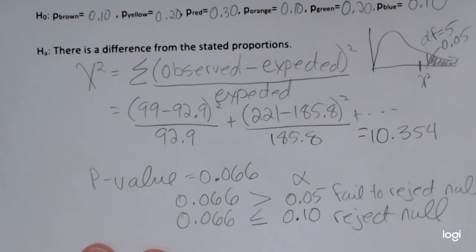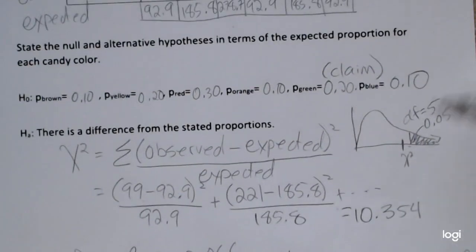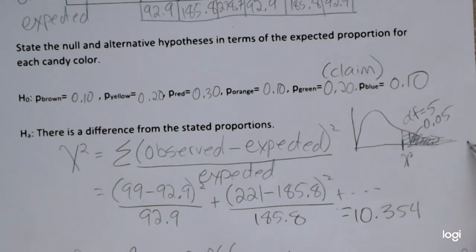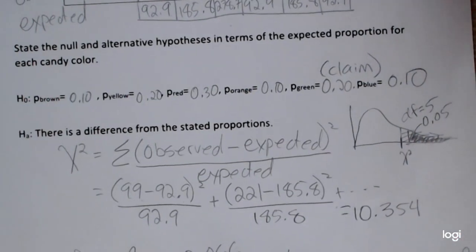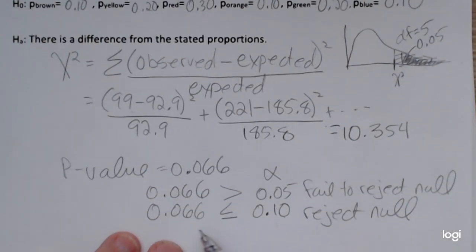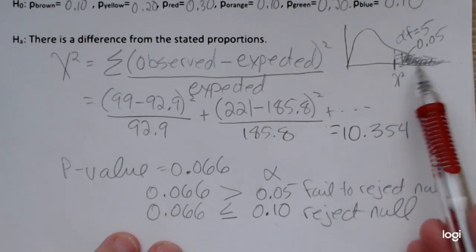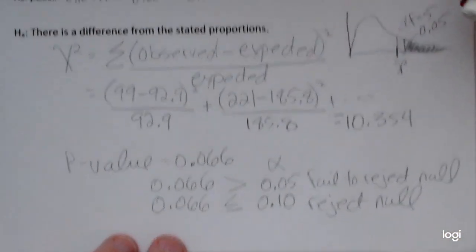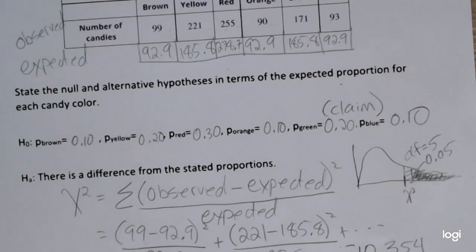If it's less than or equal to, you're going to reject. Because the p-value is the area associated with the test statistic. So clearly this area from my test statistic to positive infinity is greater than this little rejection area. But if my level of significance was 0.1, then my test statistic would be inside my tail of rejection.